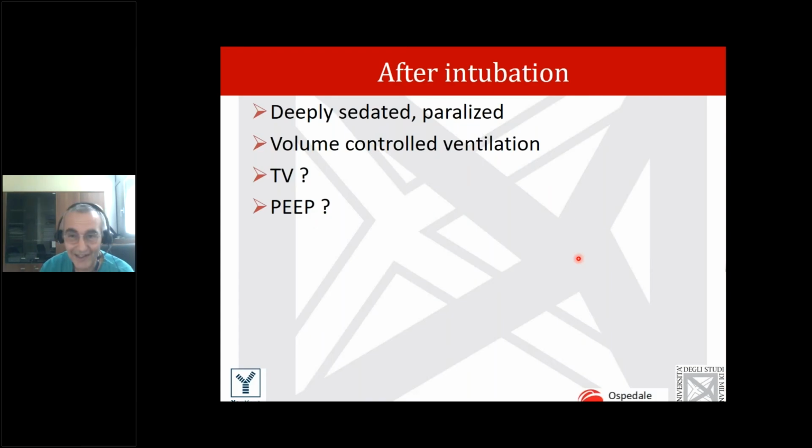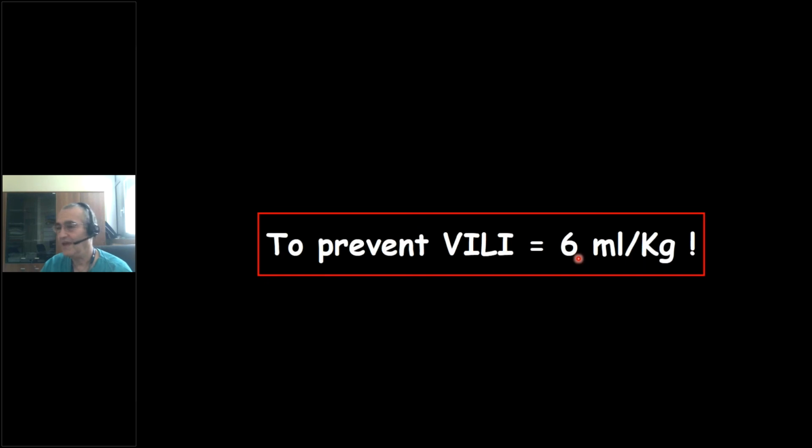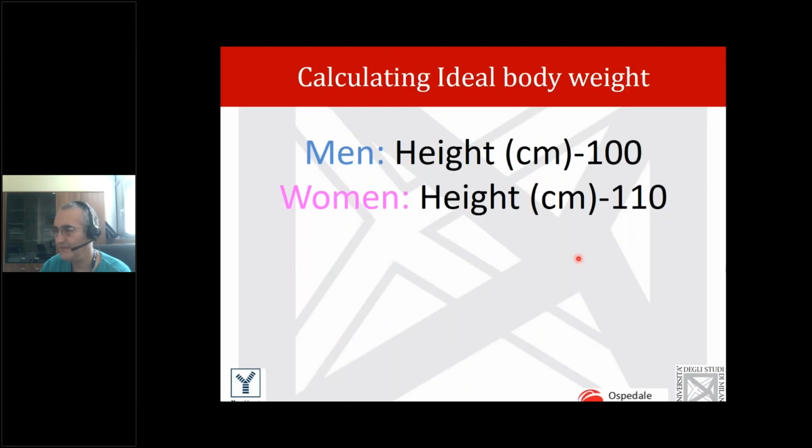Then we have finally our patient intubated. We know very well that our first goal is to keep a tidal volume around 6, maybe 8 ml per kilogram of ideal body weight. First of all, a very simple concept.